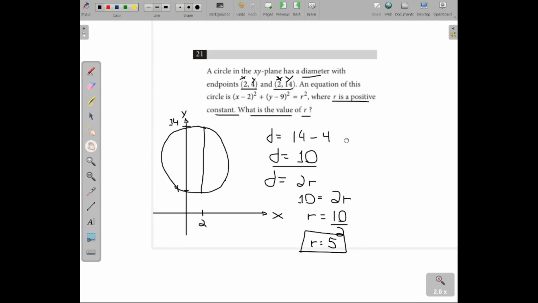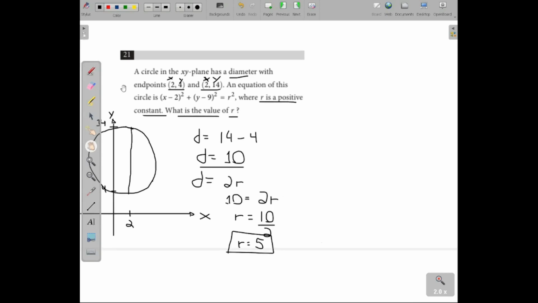Now the other way of solving this is, since we have the values of x and y, we could replace using any of these points in this equation, and we'll find the value of r. Let's use the second point.